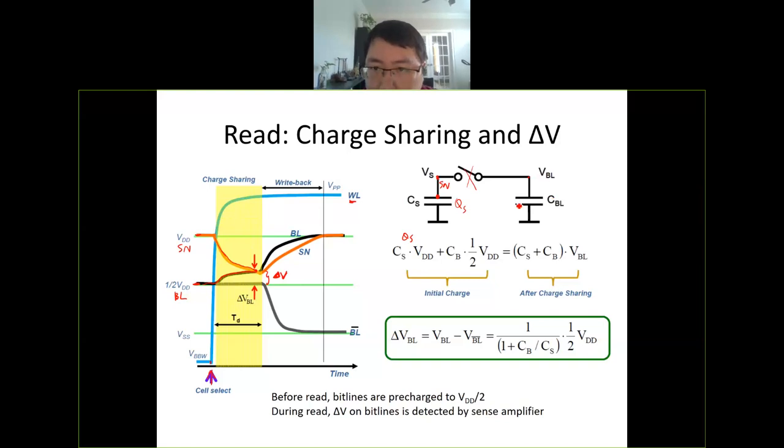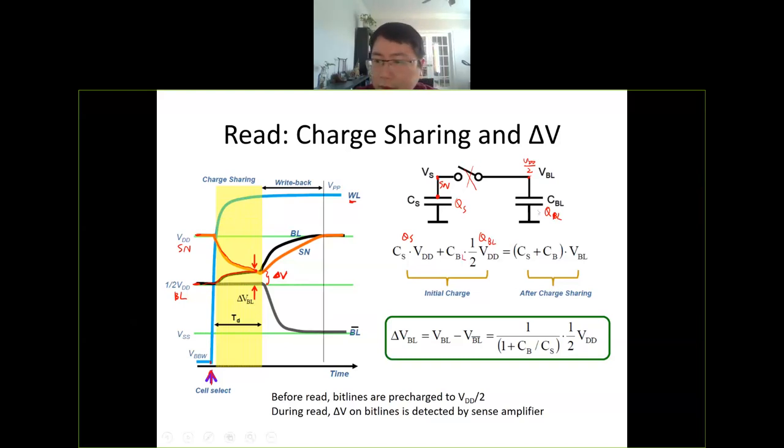On the other side, on the bit line, what is the voltage? Initially we precharge it to half VDD, and you have CBL, so the charge on the bit line will be CBL times half VDD.